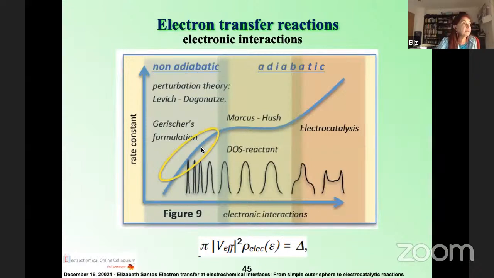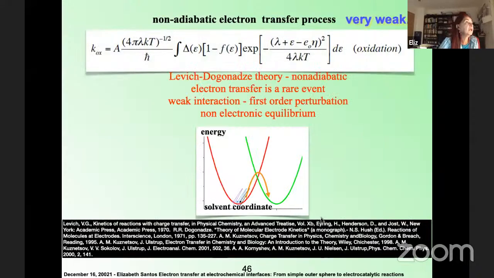Now we go to this region, the non-adiabatic region. In this case, the interaction is very weak, so we can use first-order perturbation in the Hamiltonian. And we don't have electronic equilibrium. That means the system can go up to the transition state but come back; not every time the system reaches the transition state does it go to the product.